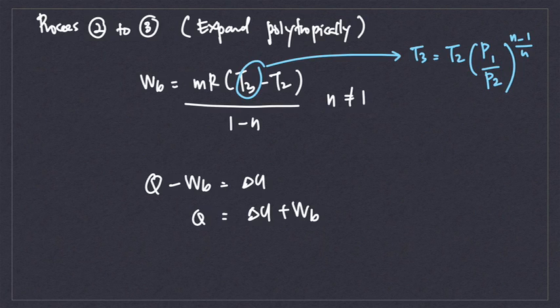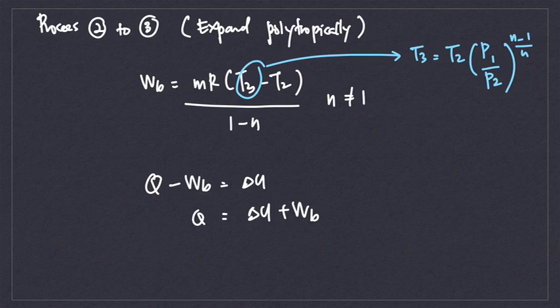Okay, next process 2 to 3, which is the process of expanding the CO2 gas polytropically. So the formula for boundary work equals mR(T3 minus T2) divided by (1 minus n), where n cannot be equal to 1.